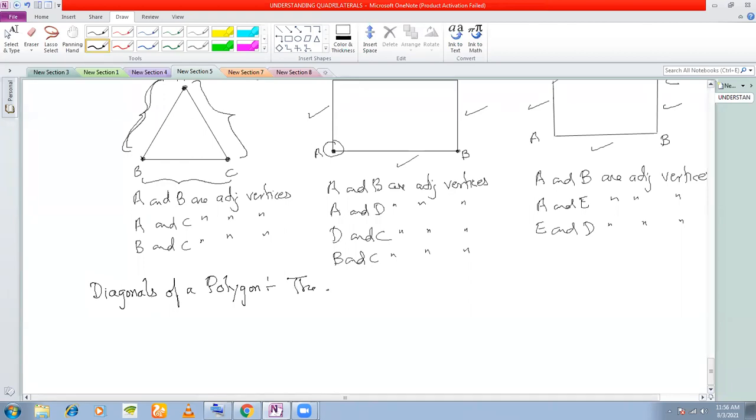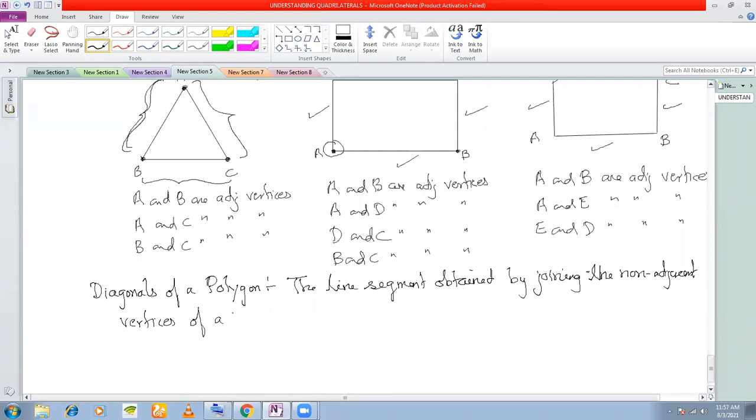The line segment obtained by joining the non-adjacent vertices, not the adjacent ones, of a polygon, each of them is called a diagonal of the polygon.